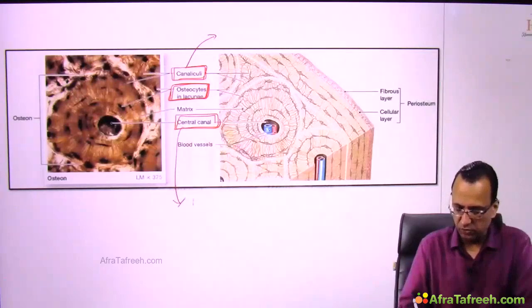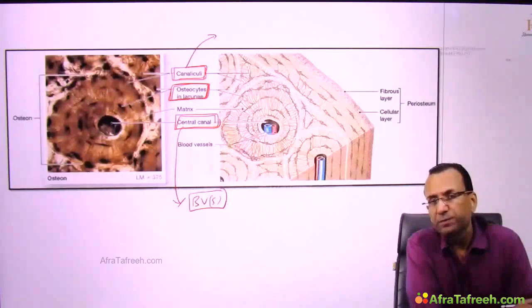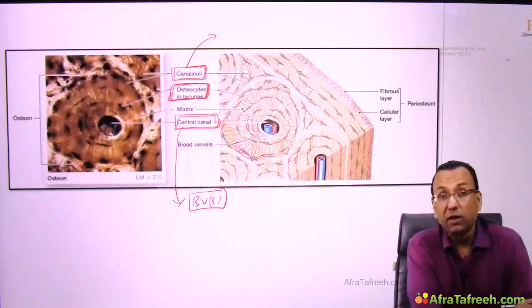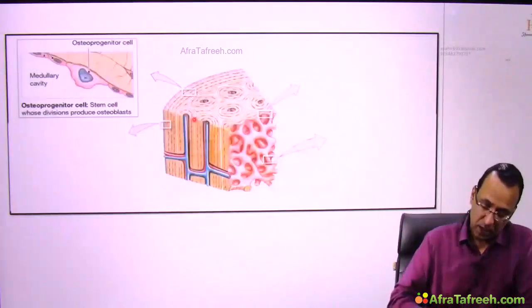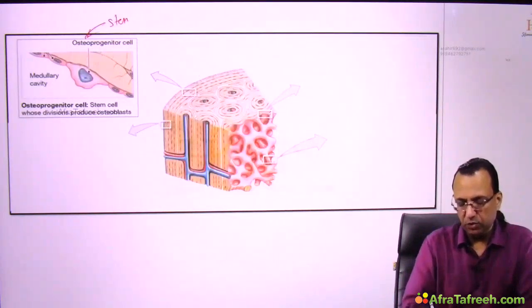We are supposed to draw this diagram now. But before you draw this diagram of the bone, showing osteocytes in lacunae with canaliculi and the Haversian canal, you have to talk about some cells. In the bone we have the osteoprogenitor cell. Actually it is a stem cell.